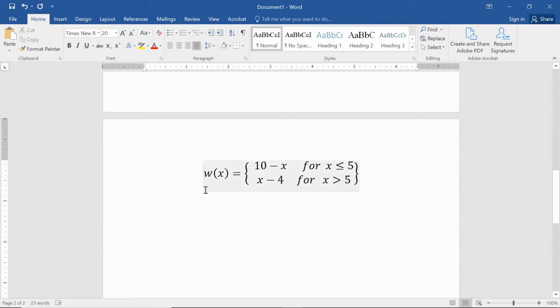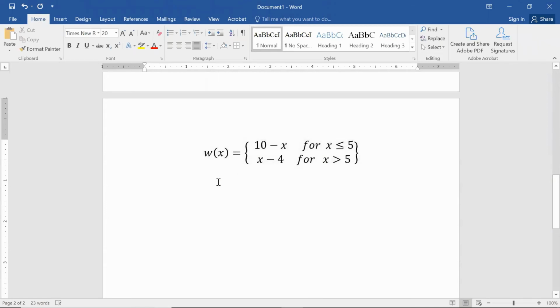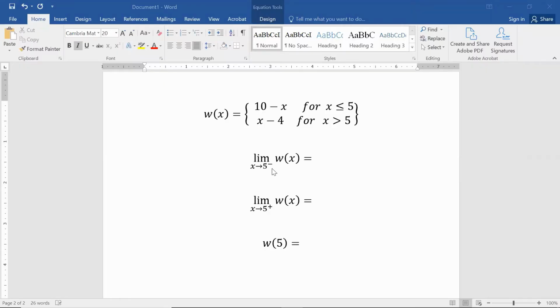Let's take a look at this next one, w of x. We're going to look at both the left and the right-hand limits, and then we're going to look at the function value and see if they all match up. The limit as x approaches 5 from the left of the function w of x, since x is approaching 5 from underneath, I'm going to use that top expression. 10 minus 5 is 5.